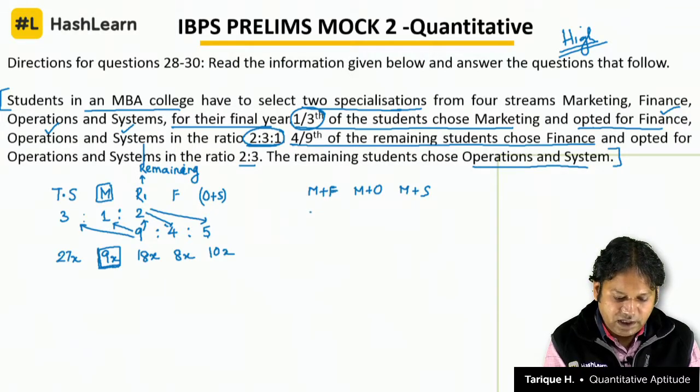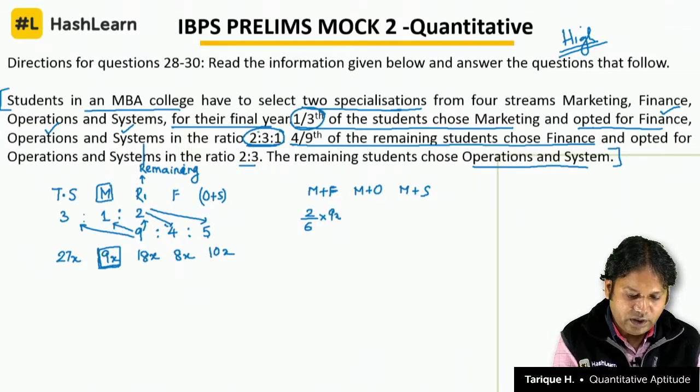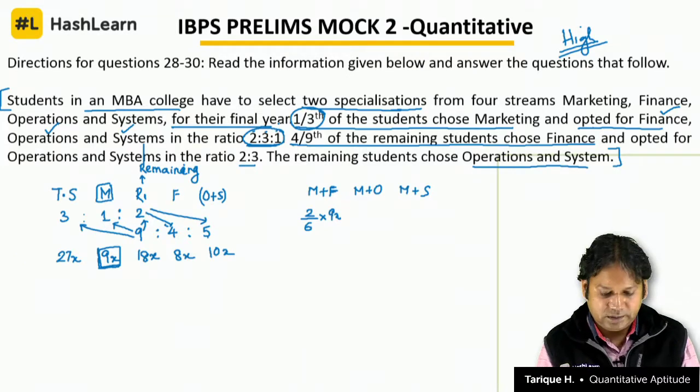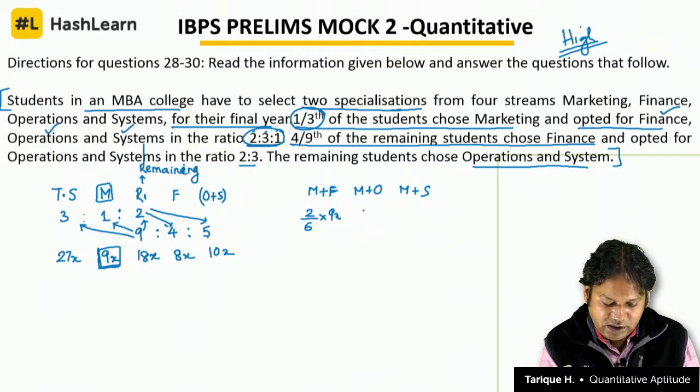So marketing plus finance will be 2/6 of 9x. Why 2/6? Because 2:3:1, so 2/6. Marketing plus operations 3/6 of 9x, because total students are 9x. Marketing plus systems 1/6 of 9x.